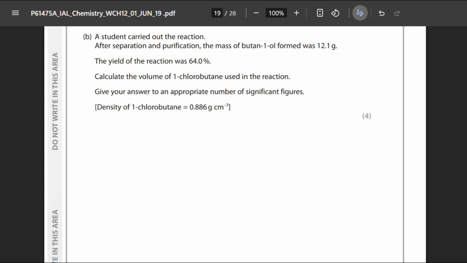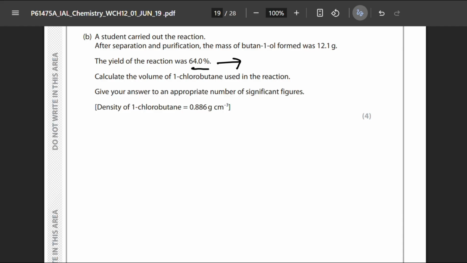The second part: a student carried out the reaction. After separation and purification, the mass of butan-1-ol formed was 12.1 grams. When 1 mole of chlorobutane reacts with potassium hydroxide in the presence of water, it forms butan-1-ol, and the mass of butan-1-ol formed is 12.1 grams.